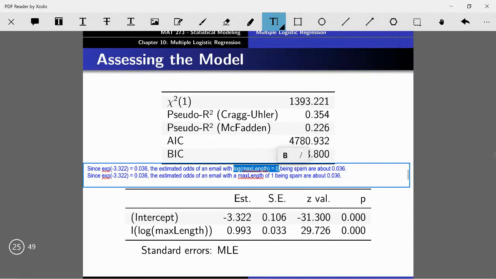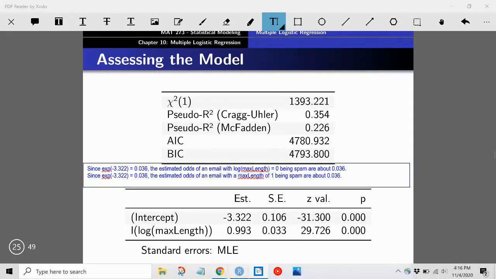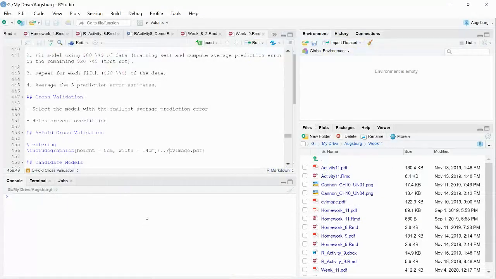How did I do that? The natural log of something being 0 means that that thing is 1. We know that log of 1 is equal to 0, right?